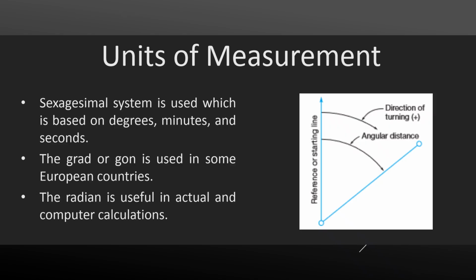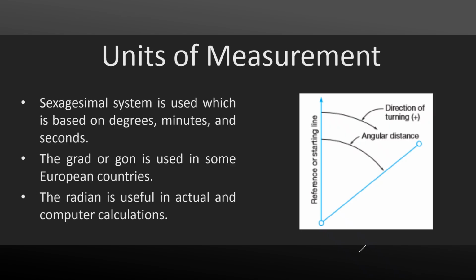The second unit is the grad or gon. This system is used in some European countries. A complete revolution is divided into 400 grads or gons, making a right angle equal to 100 grads.